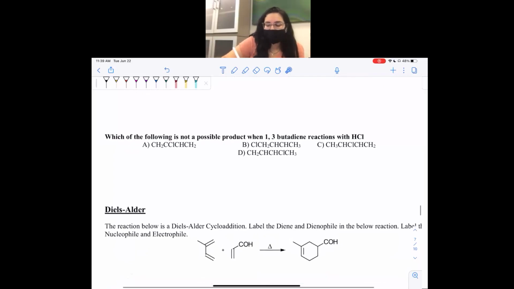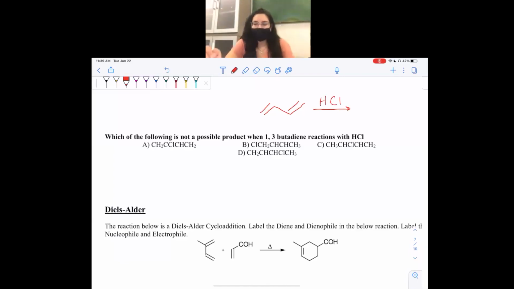is this example. So we know what 1,3-butadiene looks like, and we're reacting it with HCl. And here I couldn't get it to make the double bonds like Dr. West will have it in your exam, but essentially it's going to look something like this on your exam.